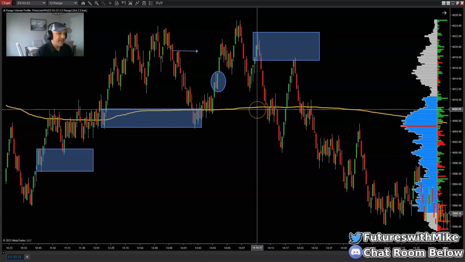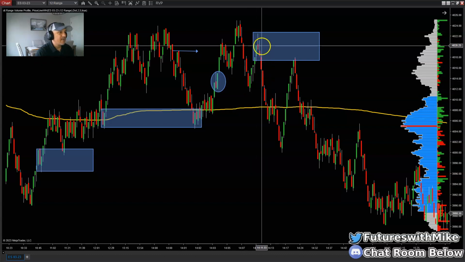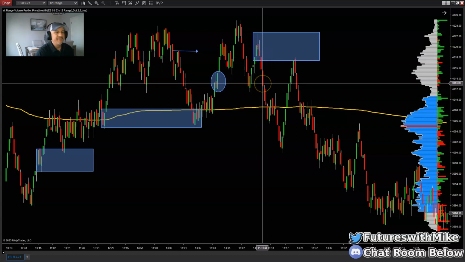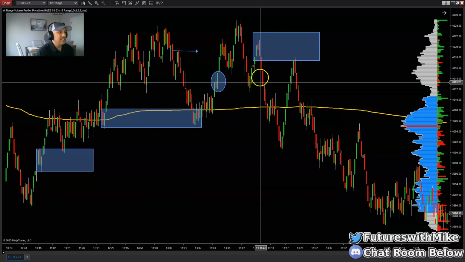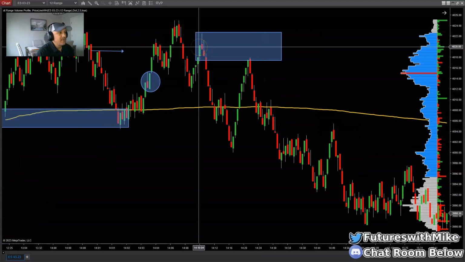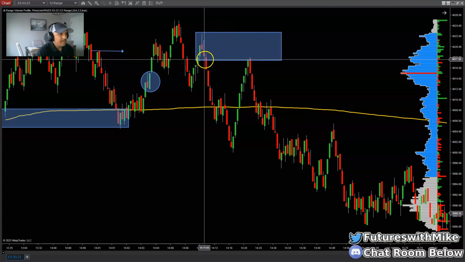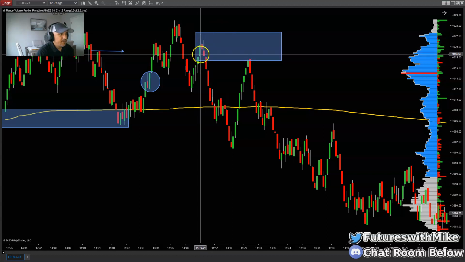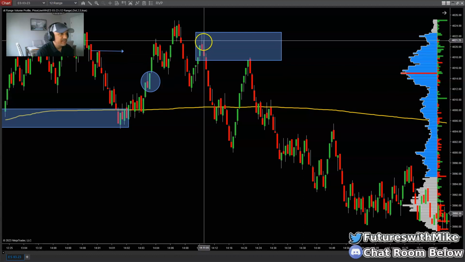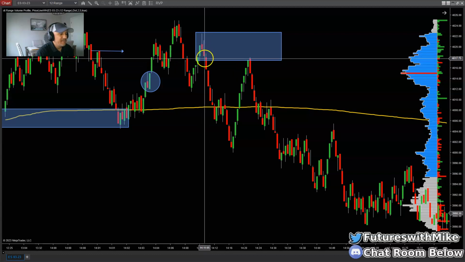Now, let's talk about that imbalance. Do we have an imbalance on the move to the downside, when price created this influx of selling? Take a look at that last green candle to the upside. I've already got the zone marked. Before price turned around and broke lower, this red candle that broke the last green candle to the upside was the one that started the big move to the downside.